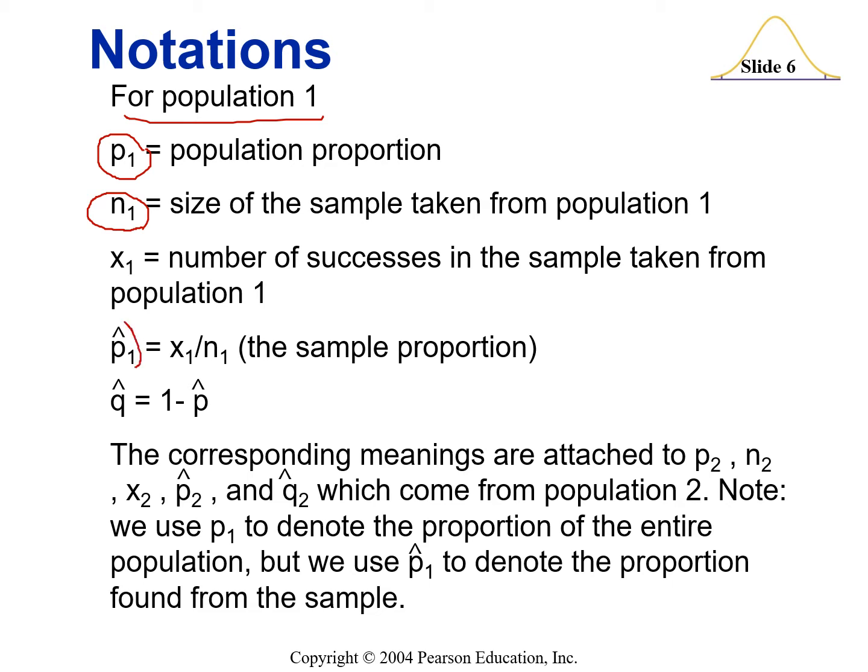And p-hat 1, which is a statistic, is x1 divided by n1, where p-hat 1 is the sample proportion. q-hat 1 is 1 minus p-hat 1, a complement of the proportion from the first sample. The same notations can be applied for population 2. That means we have p2, n2, x2, p-hat 2, and q-hat 2 for the second population.